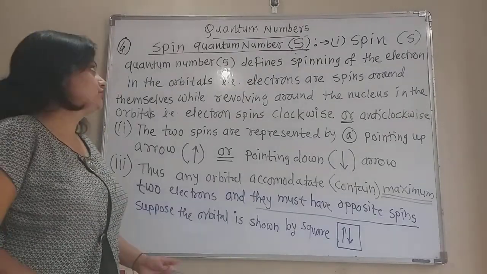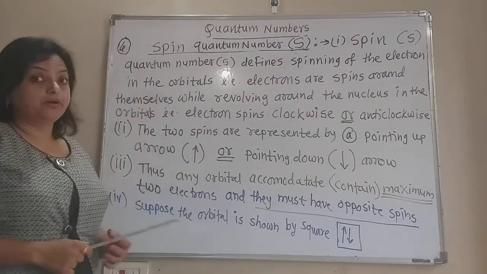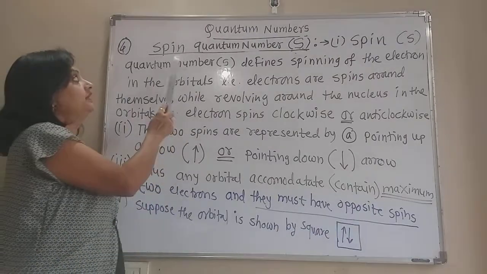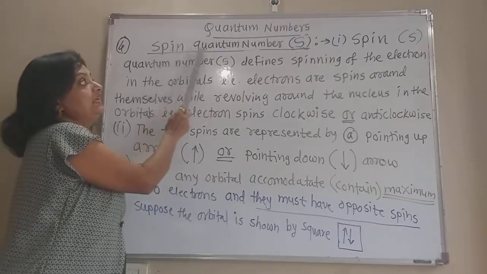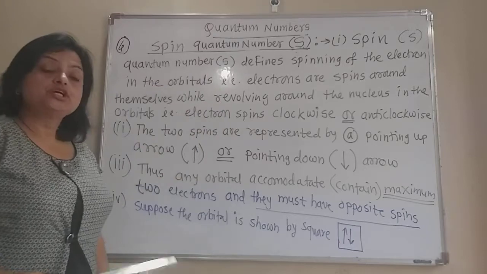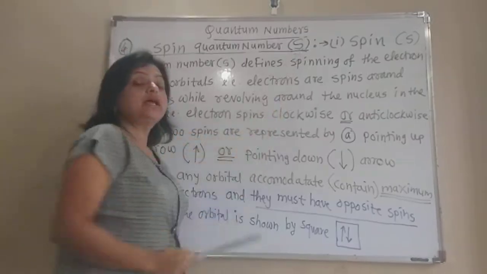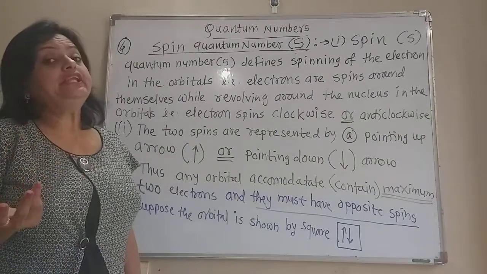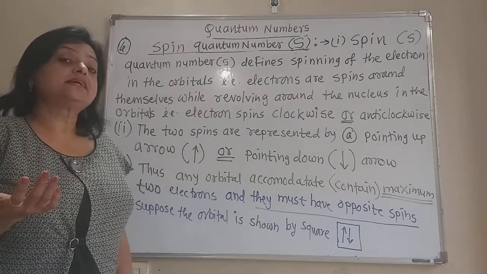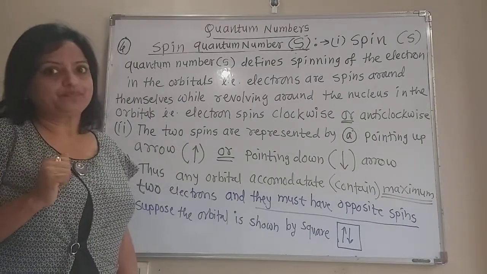Now the last, fourth quantum number is known as the spin quantum number, denoted by the symbol S. This spin quantum number gives us the spinning of the electron.